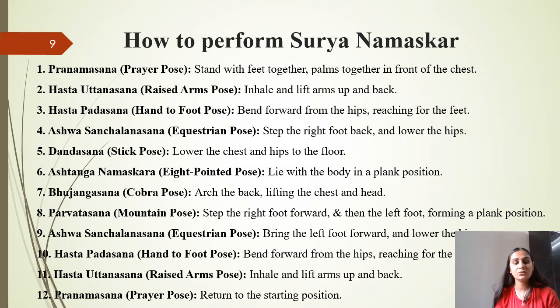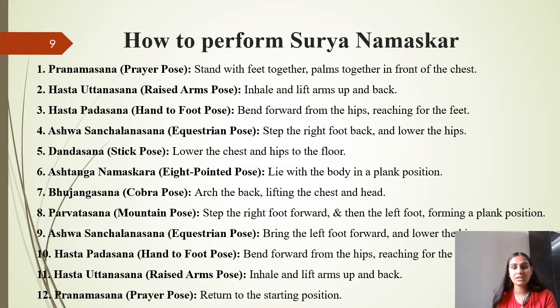Ashwasanchalasana, now these four you have to repeat from the upper ones, like Ashwasanchalasana we have discussed already. You have to bring the left foot forward and lower the hips. 10th one is Hastpadasana, known as hand to foot pose.